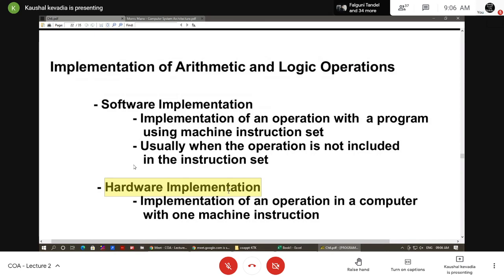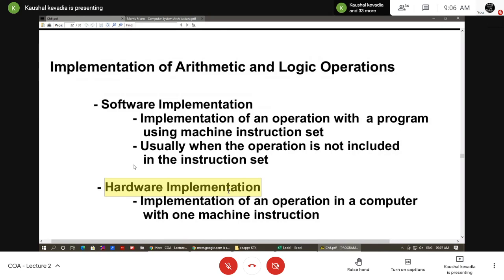Okay, if we execute any operation by a single instruction, we can say that the operation is implemented in hardware. Suppose the add instruction, we can directly execute the add instruction. Why? Because that kind of hardware is already prepared in that integrated circuit or in that processor.